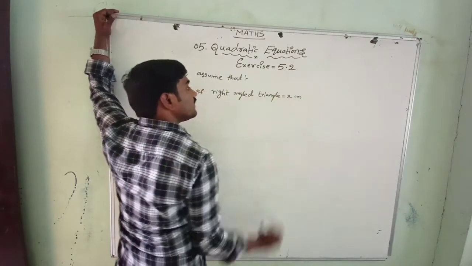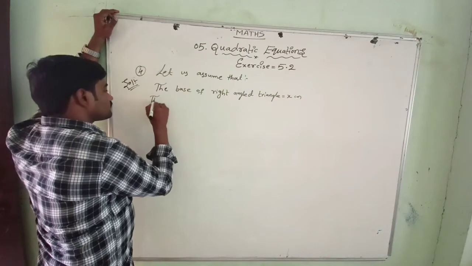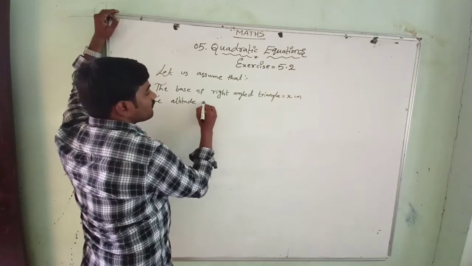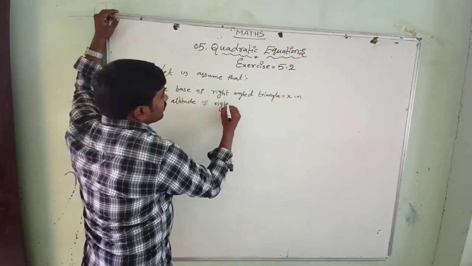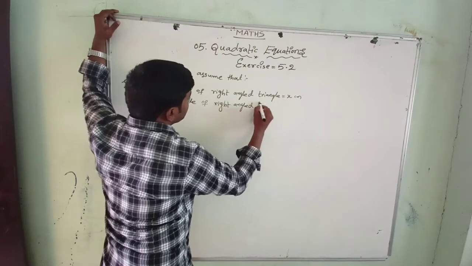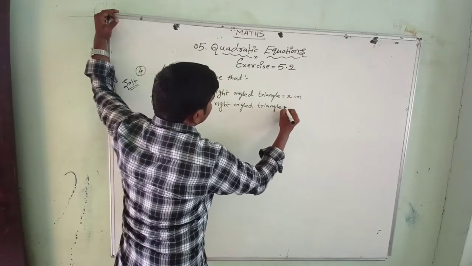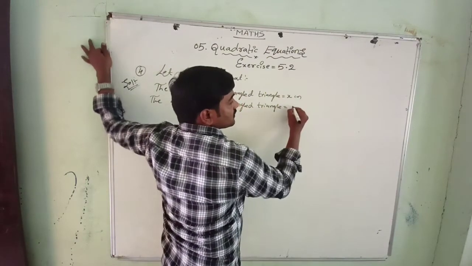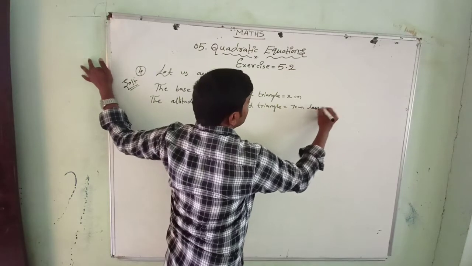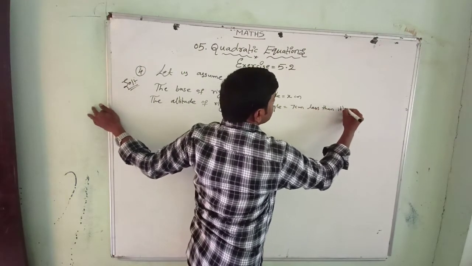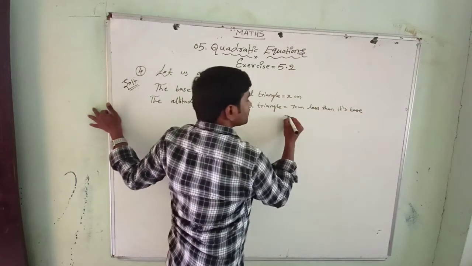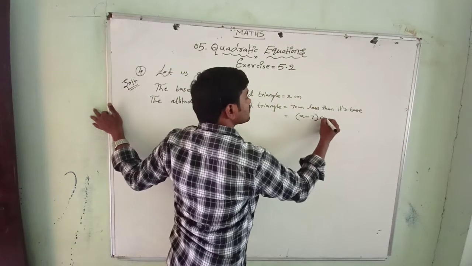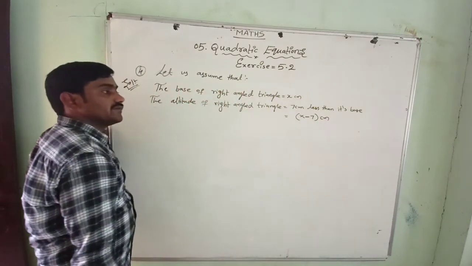Then the altitude of the right angled triangle is 7 centimeter less than it. So 7 centimeter less than its base, so minus 7, base is x, so x minus 7 centimeters.